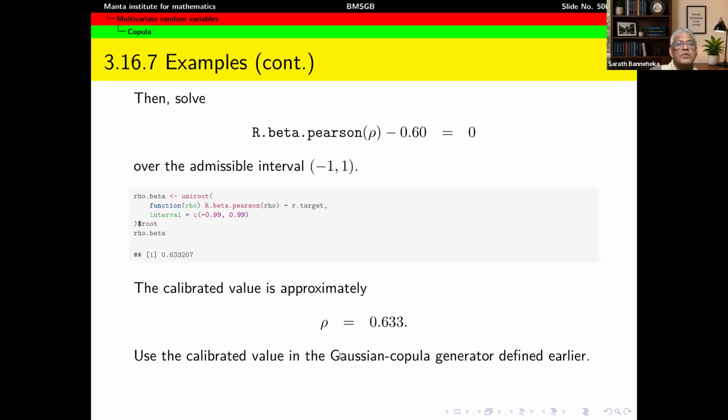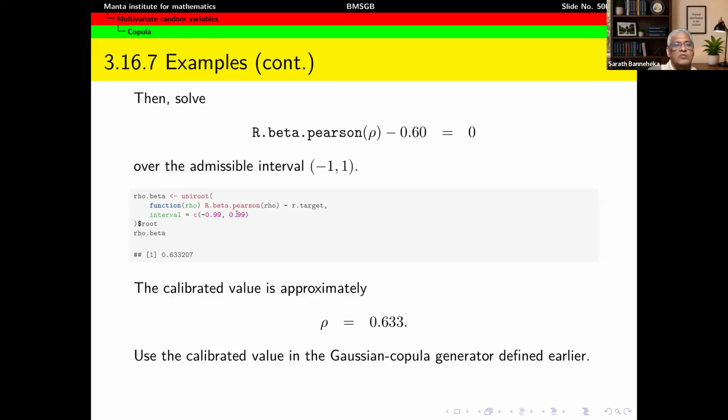So here I call it R beta, and then use the function uniroot to solve it because it's a function of rho only. The function that I consider is R beta Pearson of rho minus the R target value. R target value is 0.6 here. And then I have to give an interval to look for that rho.